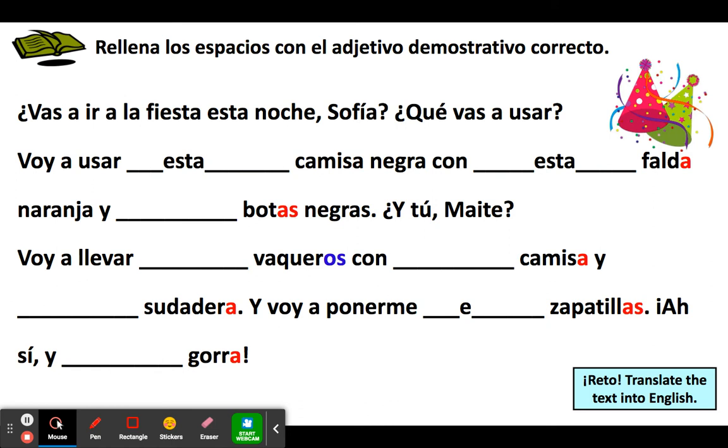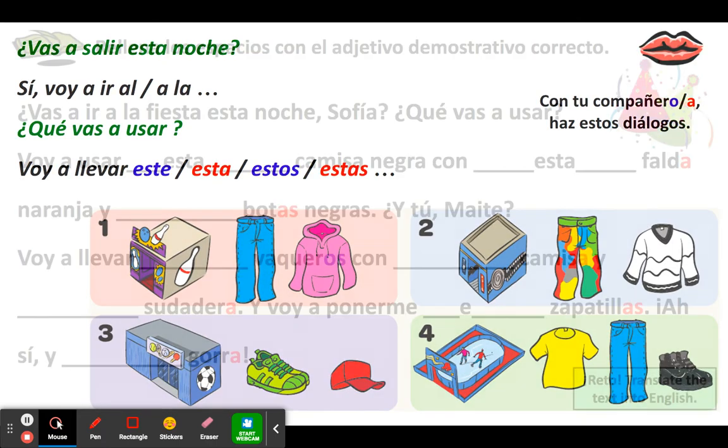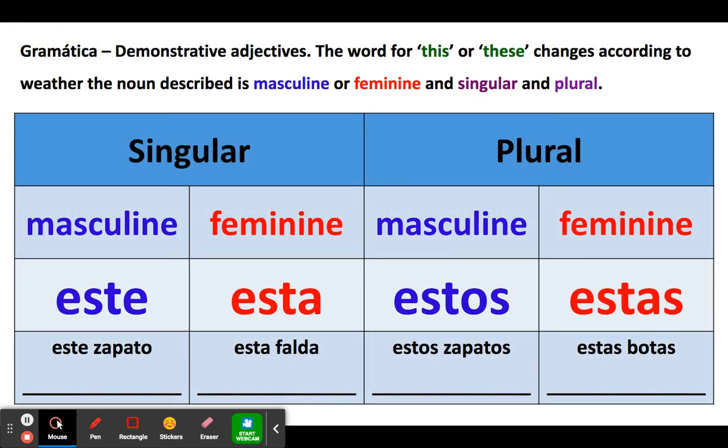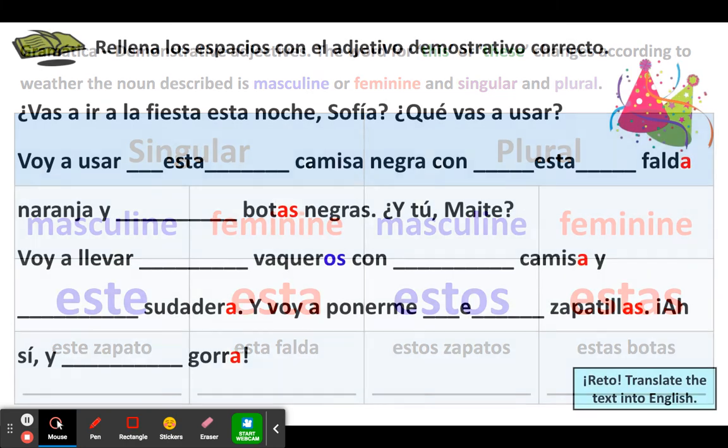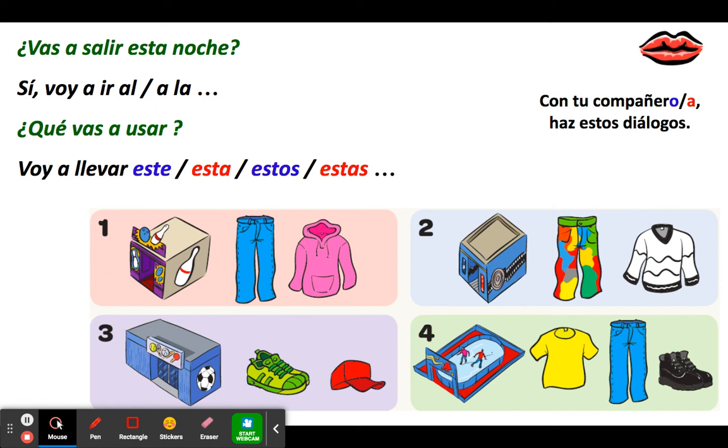Okay, guys, if you need more time, go ahead and pause the video, but I'm gonna move into the next. In here, just remember that you need to fill in the gaps with the demonstrative adjective, with either este, esta, estos, or estas, okay? And in here, we're just having some conversation. ¿Vas a salir esta noche? Are you gonna go out tonight?